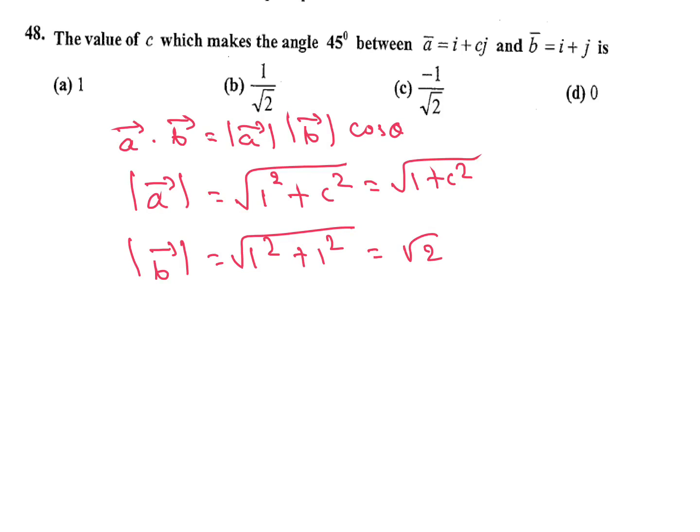Then A dot B, I plus Cj dot I plus j equal to 1 plus C.